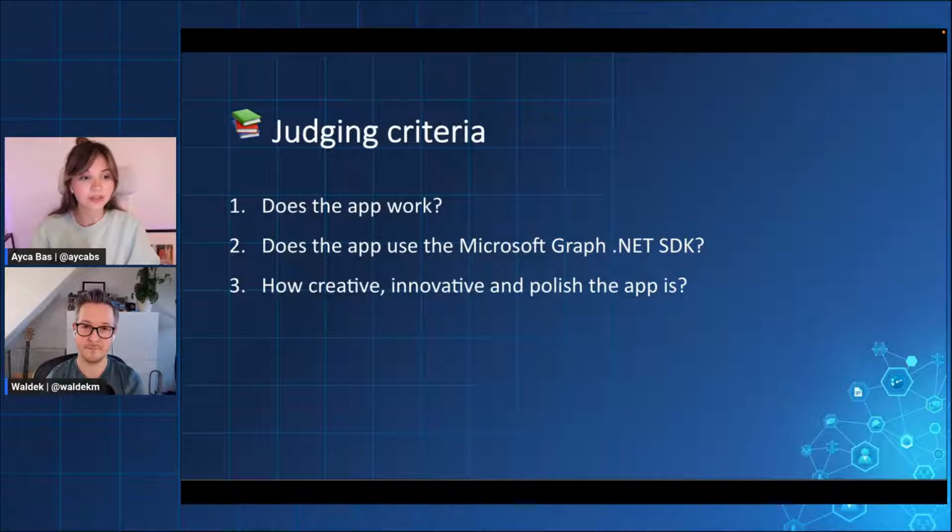And in the third criteria, we take a look at the creativity, innovation, and how polished your app is. With the third criteria, you will get a chance to win first place, second place, or third place. But if you achieve the first 2 in the judging criteria, you will get the digital badge right away.